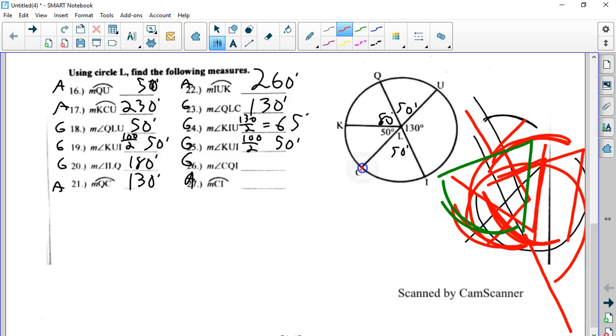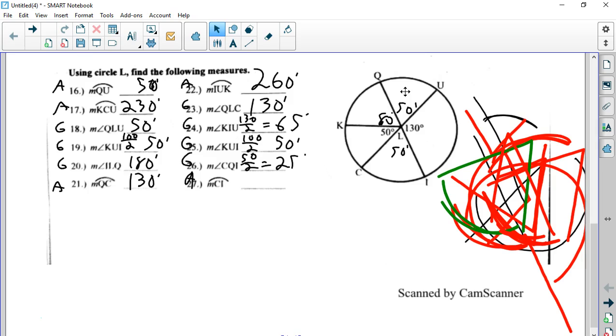So going from C to Q to I. Right here, that's going to be 50 divided by 2, or 25 degrees. And last but not least, measure of CL, and it is an arc. So CL, just going from here to here, that's going to be 50 degrees.